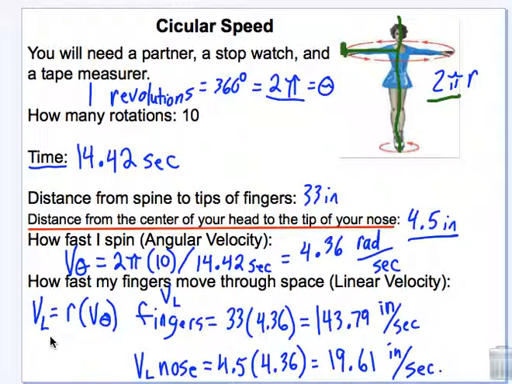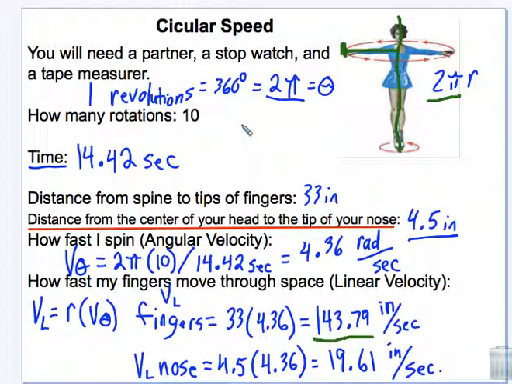So to find linear velocity, I multiply my radius times my angular velocity, and I find out that my fingertips were rotating 143.79 inches per second.